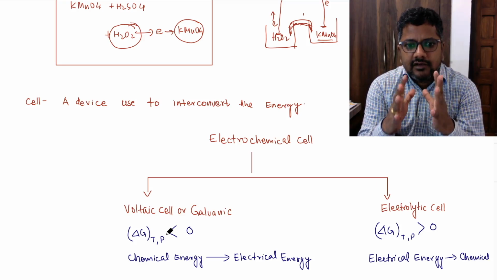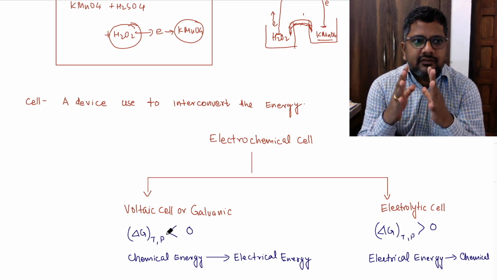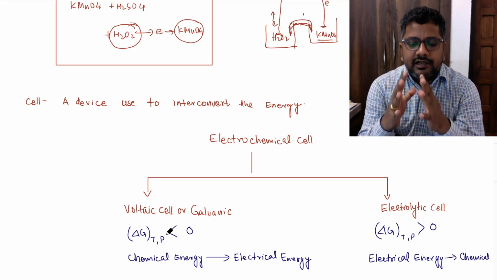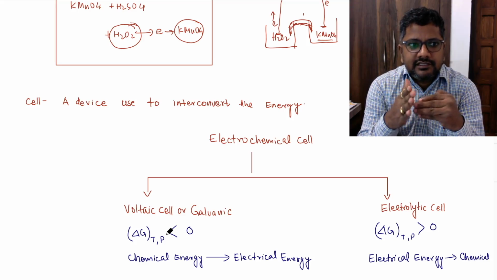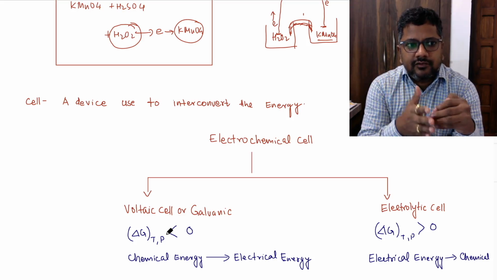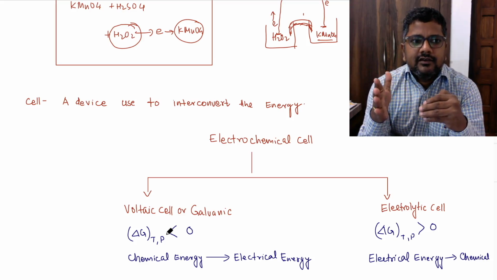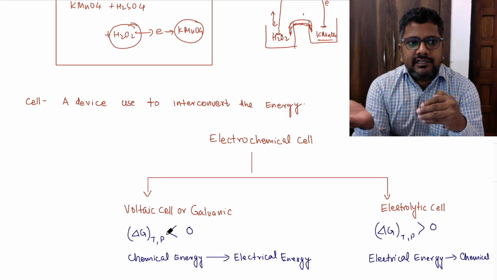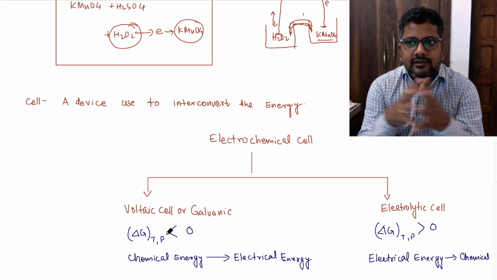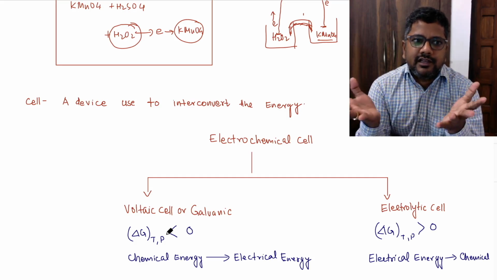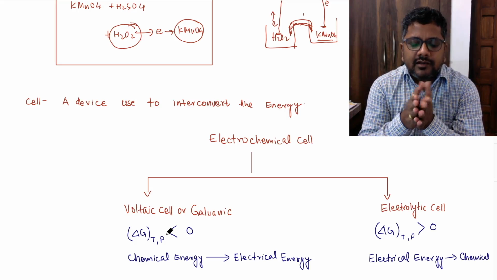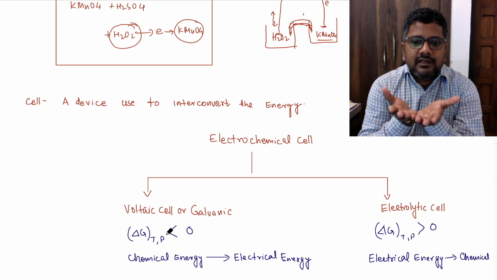Whenever a voltaic cell is working, its delta G gradually increases from the lowest value. Once delta G achieves the 0 state, delta G is equal to 0, your cell reactions are under equilibrium, meaning no further chemical energy is converted into electrical energy.